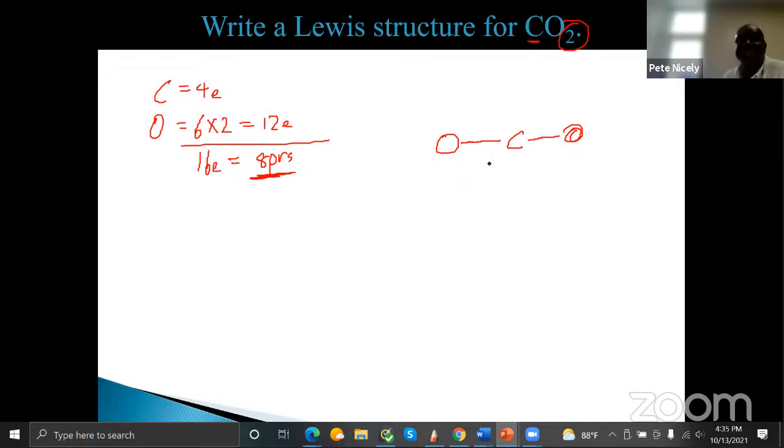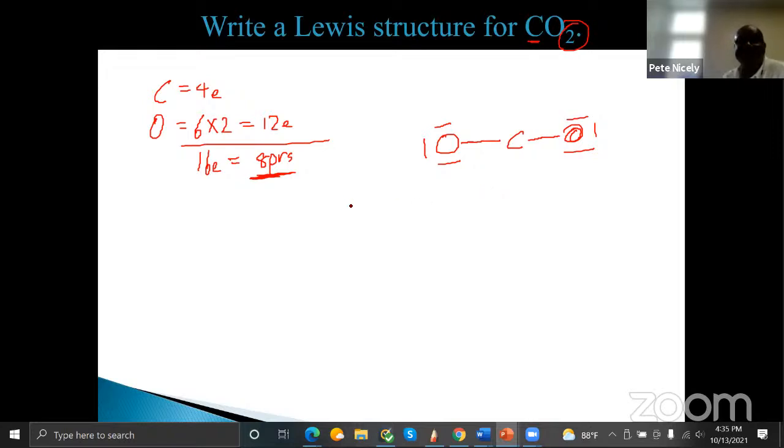In this case, we put the pairs of electrons around the oxygens, which are bonded to the carbon. So I would put 1 pair here, 1 pair here, 1 pair here, and then 1 pair here, 1 pair here, and 1 pair here, all right? So that's the arrangement of the pairs of electrons around the oxygens.